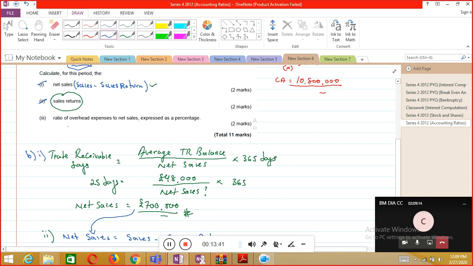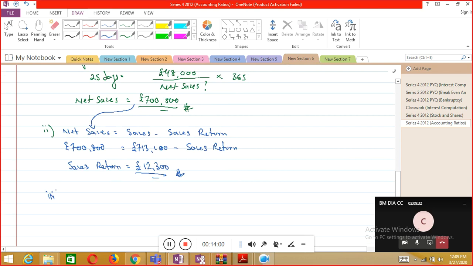Next, number 3, the ratio of overhead expenses to net sales expressed as a percentage.